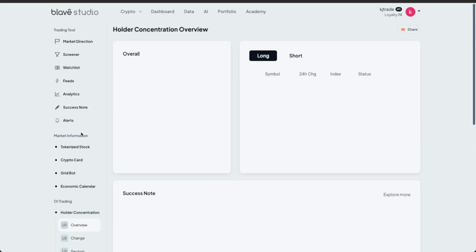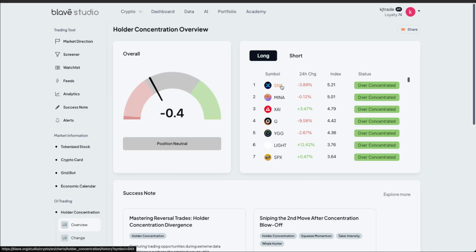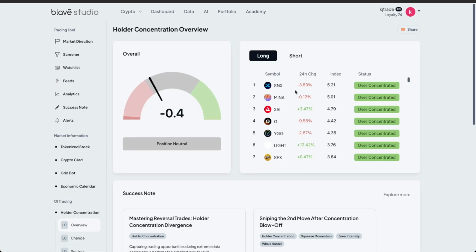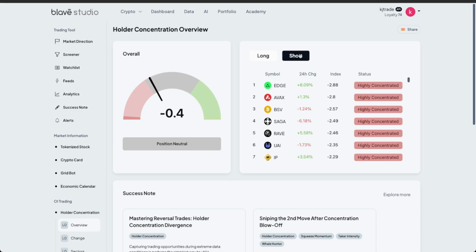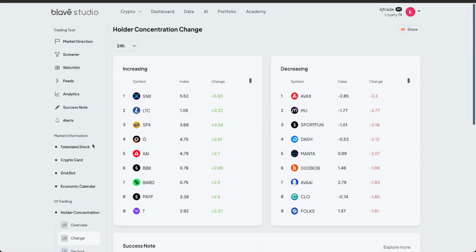The overview page gives you the ranking of long and short concentration, which token has the highest long concentration level and which has the highest short concentration level. The change page tells you the dynamics, which token's holder concentration is rising most within 24 hours.